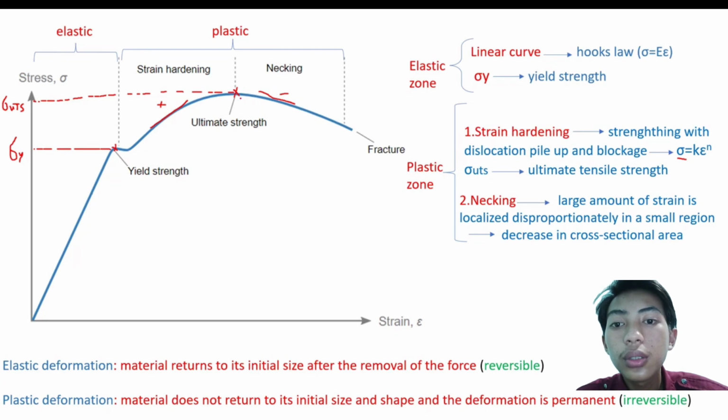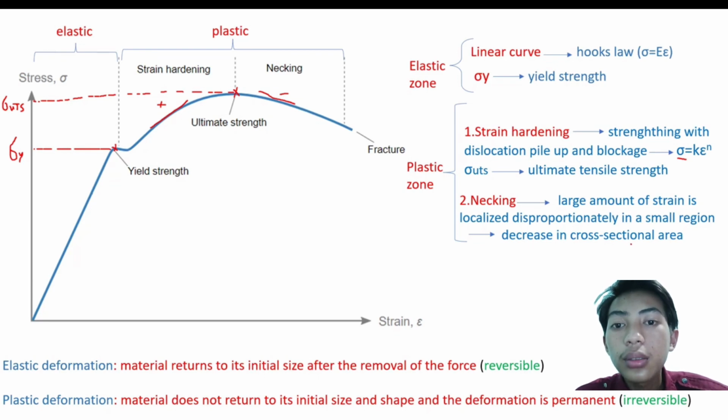These are two important quantities. In the necking part, on the opposite side of the strain hardening zone, the slope of the diagram is negative, which means that a certain amount of strain can be achieved with less stress. As you can see, the curve is decreasing, so we need less stress for deformation.